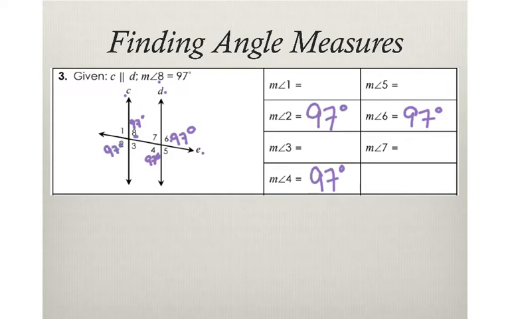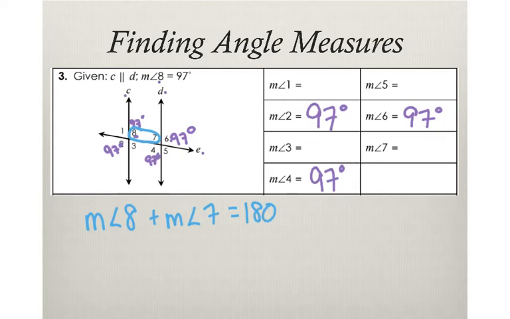All right, let's jump back to knowing the measure of angle 8 is 97. What type of angles are angle 8 and angle 7? If you just told me consecutive interior angles, you're correct. And we know consecutive interior angles have to give us 180 degrees. So I know the measure of angle 8 plus the measure of angle 7 has to be 180 degrees.